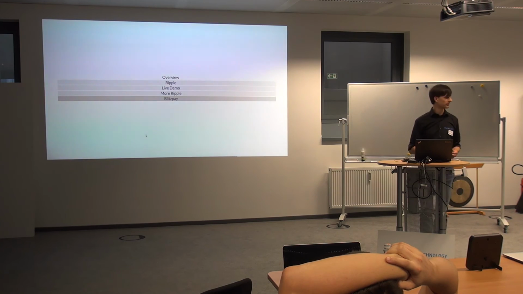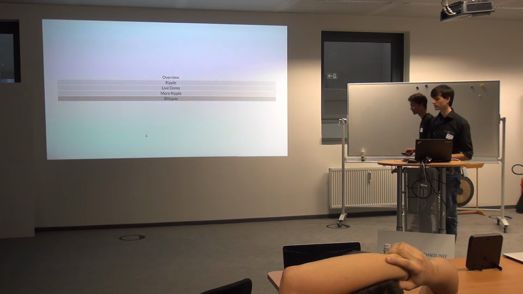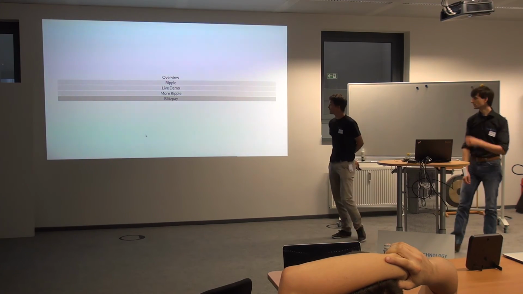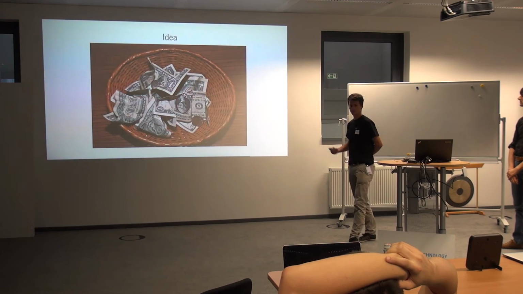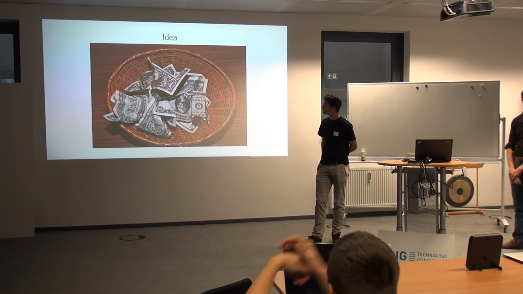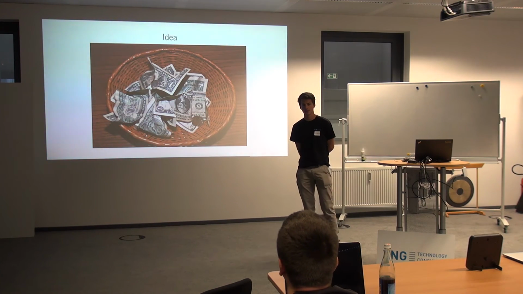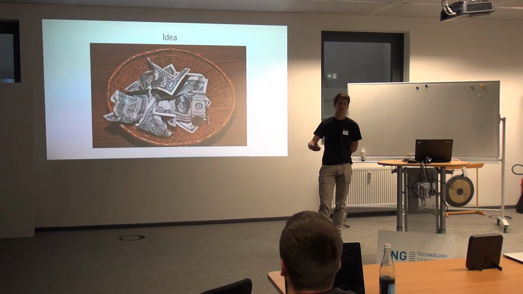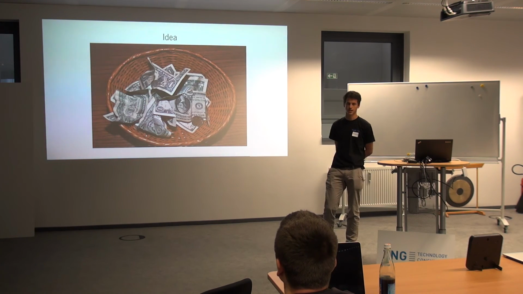Okay, and now Konstantin is going to tell you something about Blitzpay, which is a little app we built on top of Ripple. Yeah, Blitzpay. So maybe let's start with the idea we had, or the problem we wanted to solve. Almost every noon here at TNG we order takeout, and usually one person pays for everyone, and then this person has to collect the money from everyone.